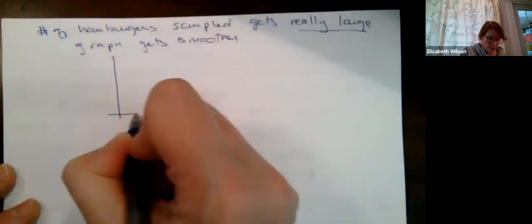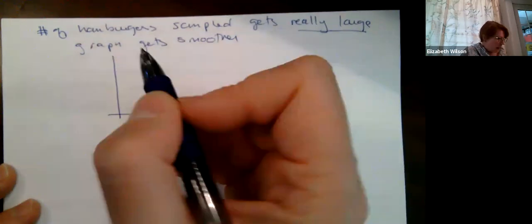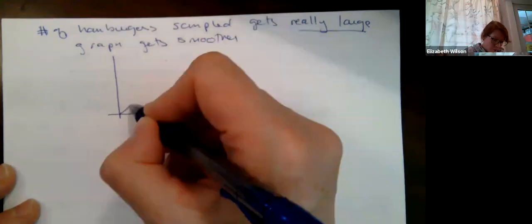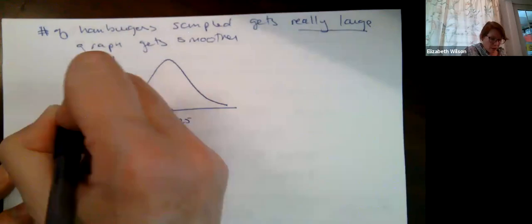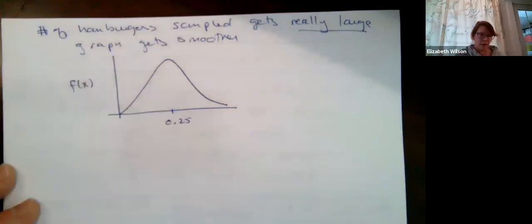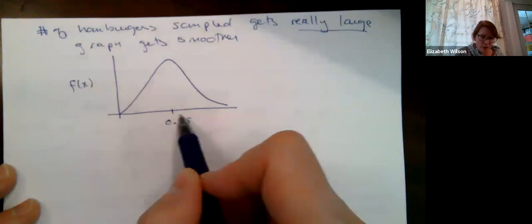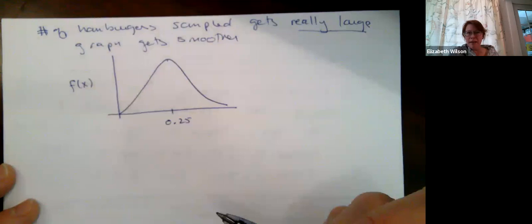So instead of looking like boxes like this, we're still looking, so this is 0.25, and our graph is going to look like this, okay? And here, this is our probability distribution. As I get closer to a quarter pound, I have the highest probability of finding hamburgers that weigh that much.